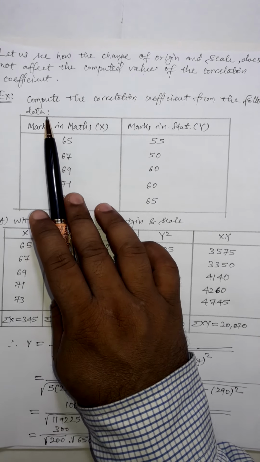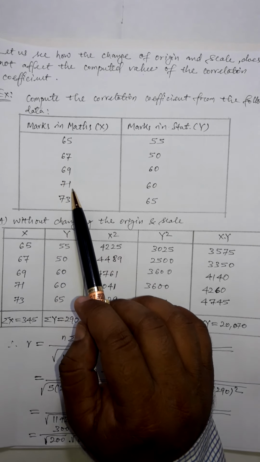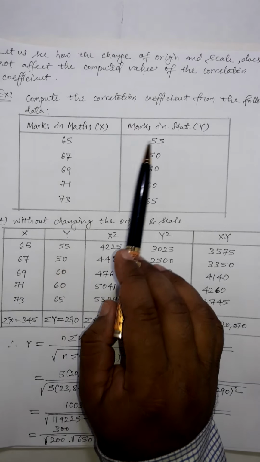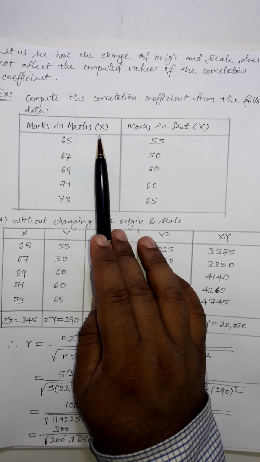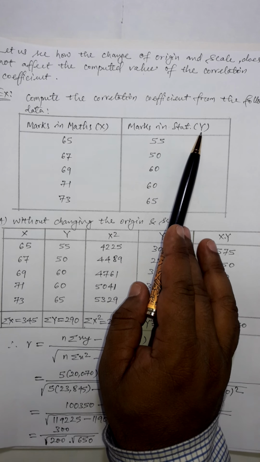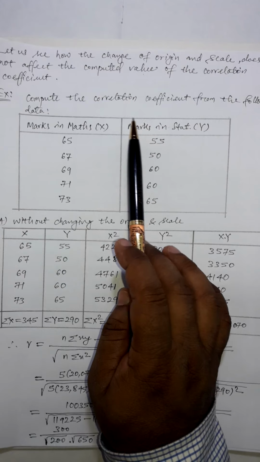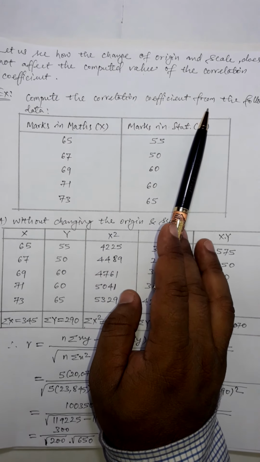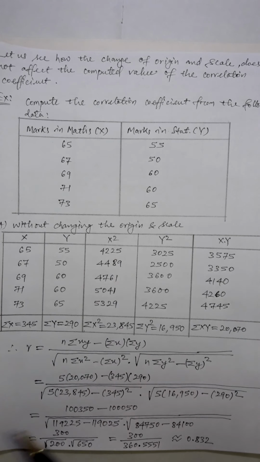For that, let's take the example of 5 students and their marks in mathematics and statistics respectively. Marks in mathematics I will take as x, and marks in statistics I will take as the variable y. The question is to find the correlation coefficient of these two series of data. So here I will do one experiment.